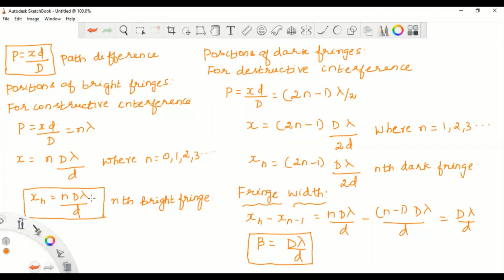Lambda is the wavelength of the light, and capital D is the distance between the coherent sources and the screen. Small d is the distance between the two coherent sources, and beta is equal to D lambda divided by d, which is the fringe width.